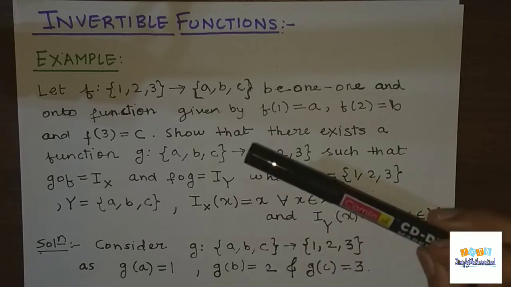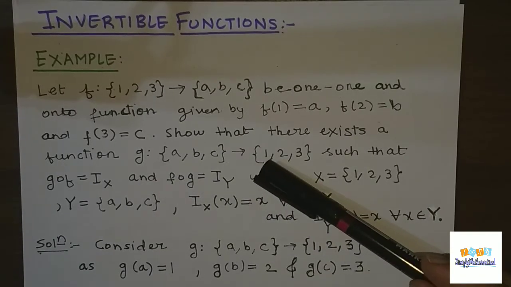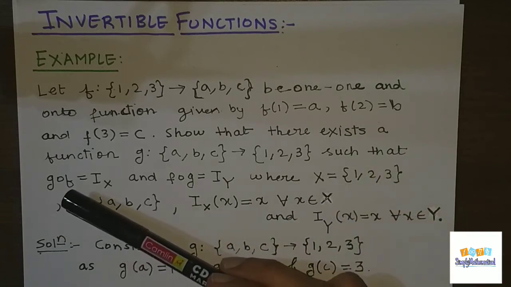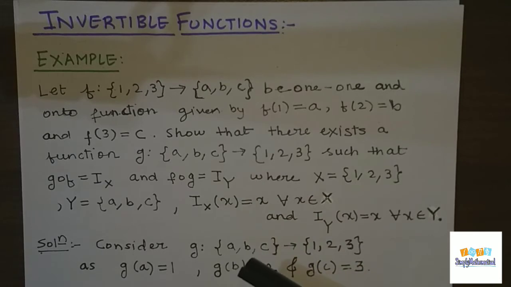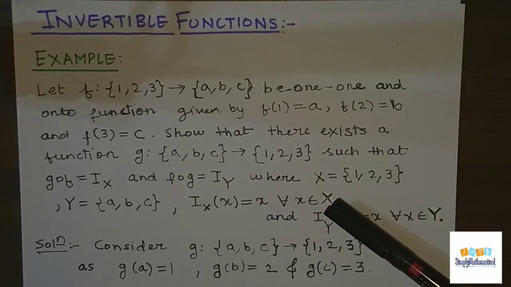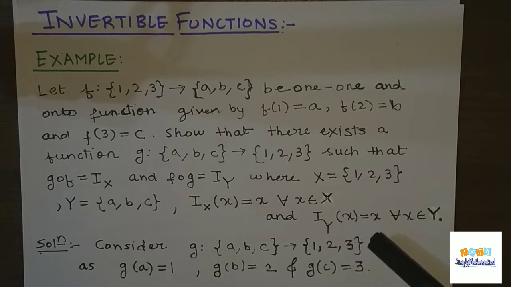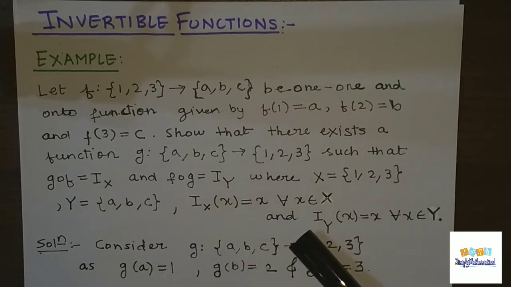Now we have to show that the function g here, from the set {a, b, c} to the set {1, 2, 3}, is a function such that g composite f is equal to I suffix x and f composite g is equal to I suffix y, where I suffix x of x is equal to x for all x belonging to the set capital X, and I suffix y of x is equal to x for all x belonging to the set Y. So that means these functions I suffix x and I suffix y are identity functions.